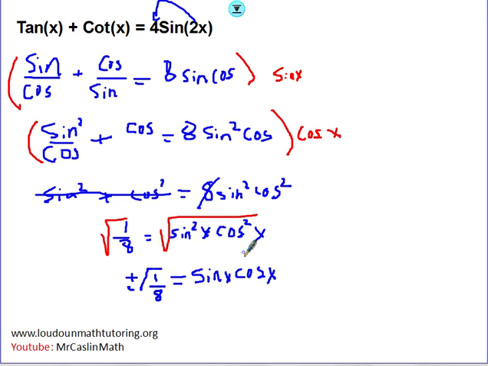Plus or minus square root of 1/8. Now we can rationalize this denominator. Square root of 1 over square root of 8. That's going to be 1 over square root of 8. I know you know how to rationalize denominators, so I'll jump forward to square root of 8 over 8.